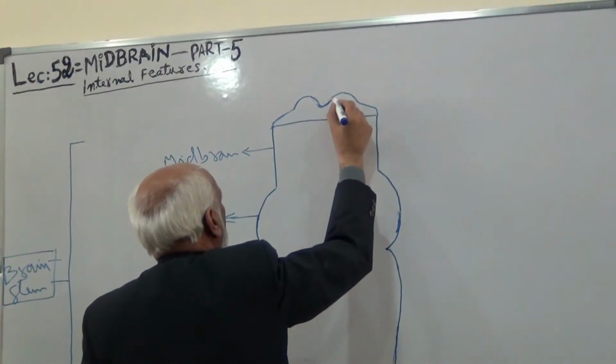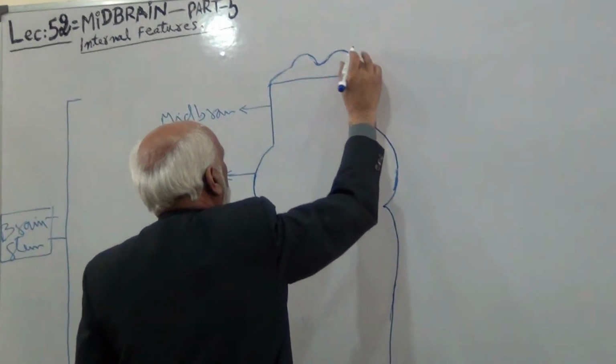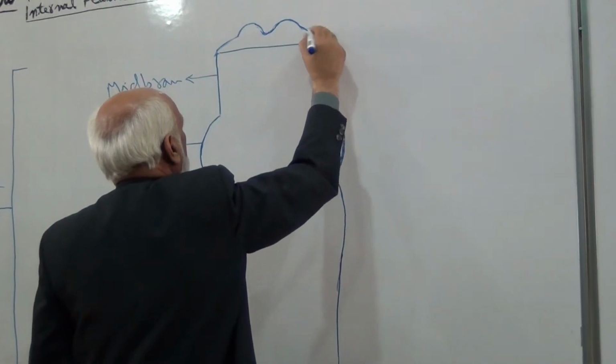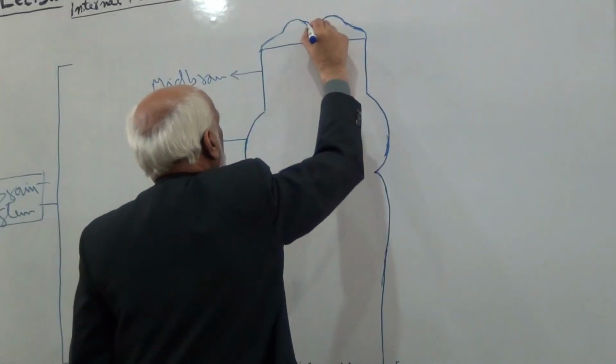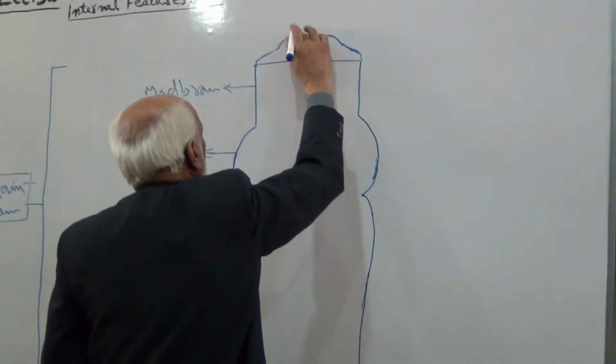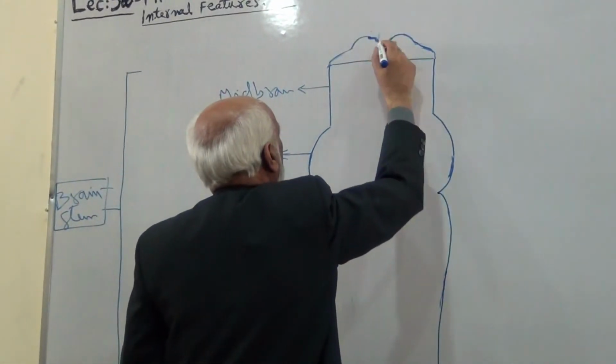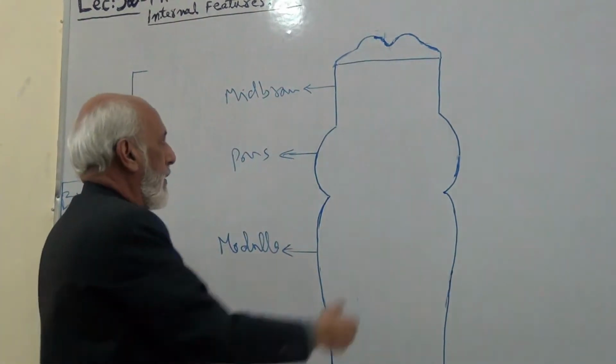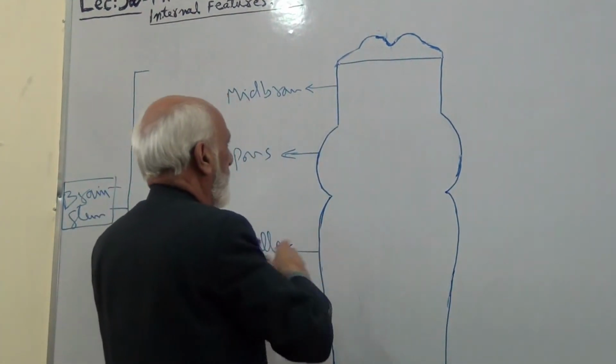These two masses indicate superior colliculi. Now this is a longitudinal section through the midbrain.